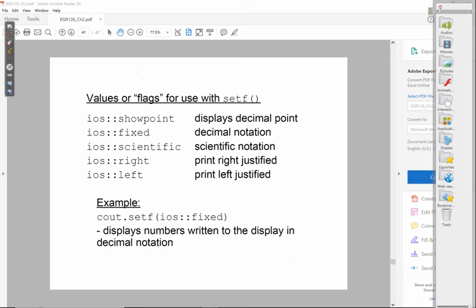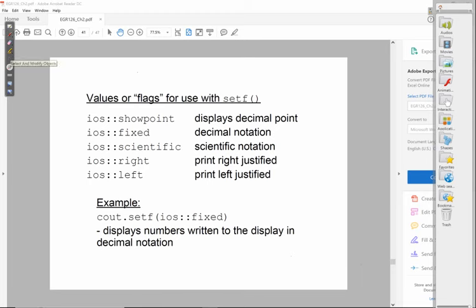There are other things you could play around with, like right justify and left justify, but for now, all we're interested in is setting the number of decimal places. So you fix the number of decimal places. Then you need one more command to actually specify how many decimal places.